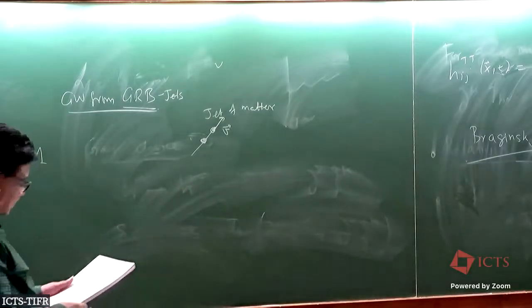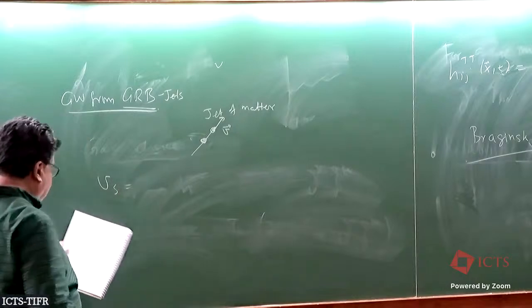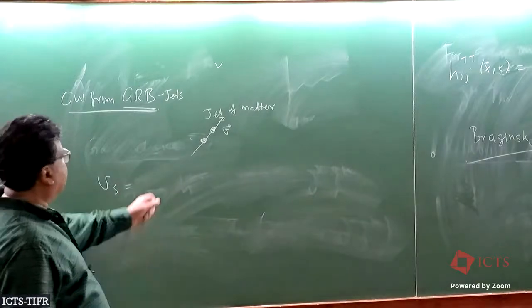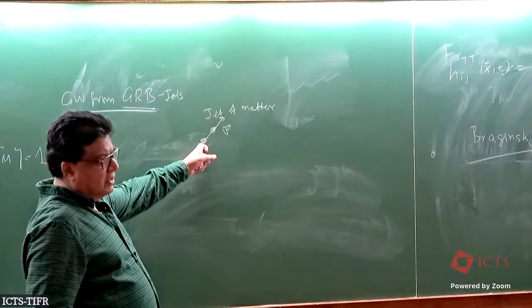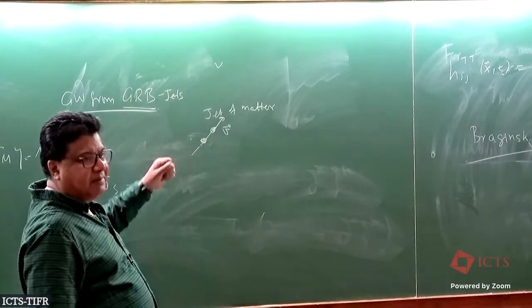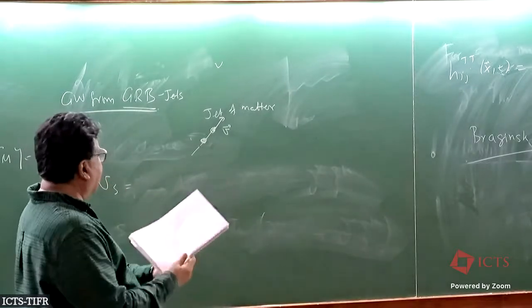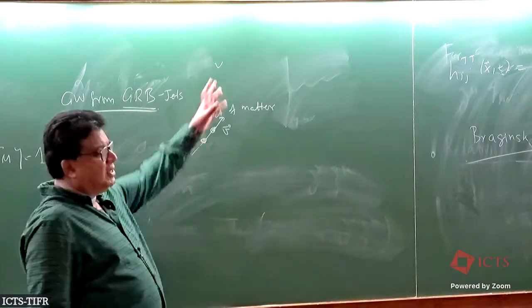So the structure of this is that V_s, this is a transient phenomenon. It's not an eternal source emitting a steady stream of matter. I think what happens is that you have two neutron stars which merge, form some sort of black hole which ejects matter.